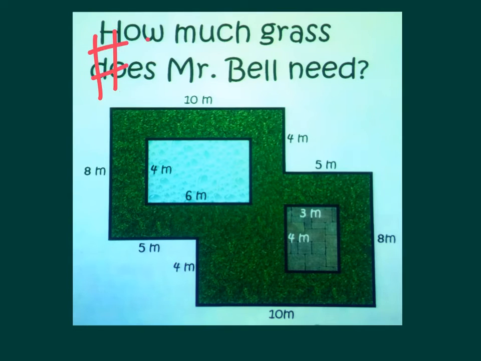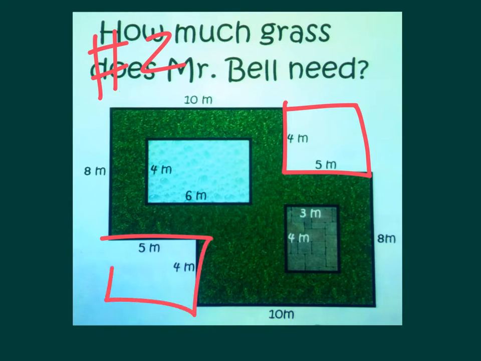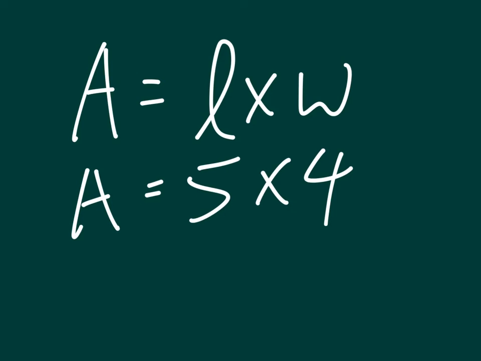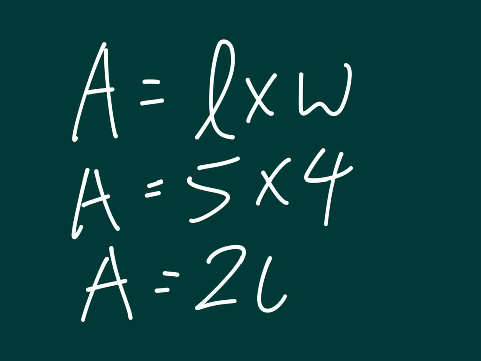Step number 2 requires us to find the area of these two cutaway corners. Each one is the same, and we've got a length of 5 and a width of 4. Going back to our formula for the area of a rectangle, we multiply length by width. In this case, 5 times 4. I don't even need a calculator to tell you that the area of those cutaway corners is 20 meters squared each.